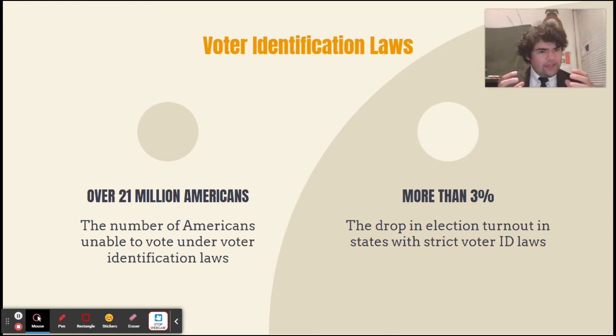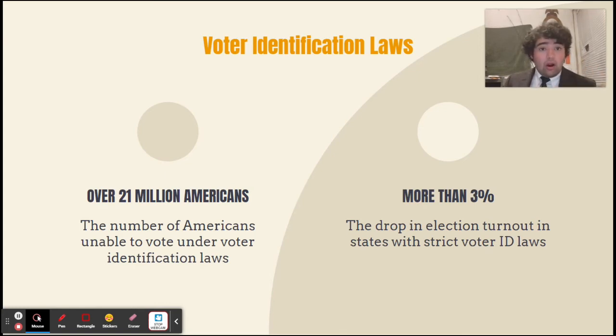So voter identification laws cause problems in the ballot boxes and polling stations themselves, but sometimes voter suppression manifests itself long before the voter even gets to the ballot box.